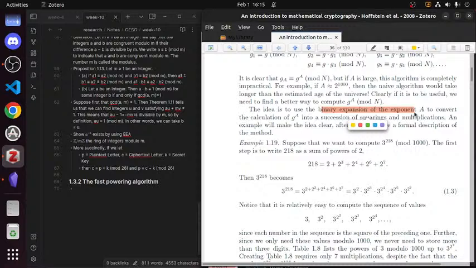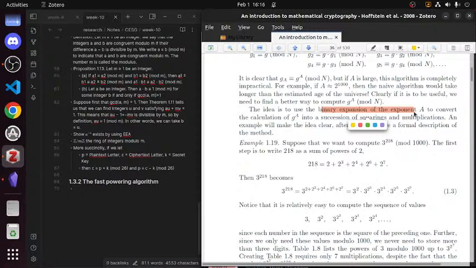Binary expansion of the exponent: the simple question is to compute 3 to the 218 mod 1000. Well, then 218 is equal to 2 plus 2 to the 3 plus 2 to the 4 plus 2 to the 6 plus 2 to the 7.